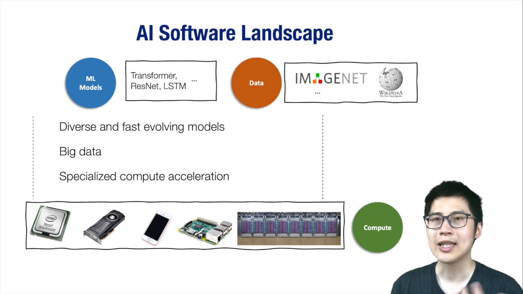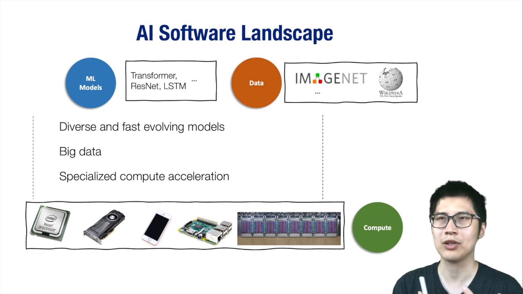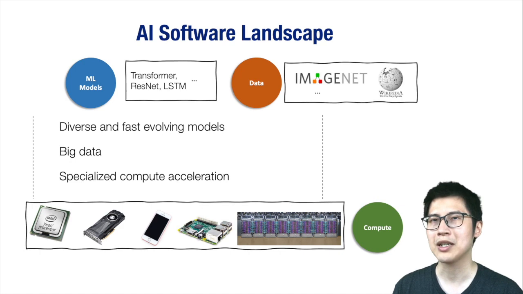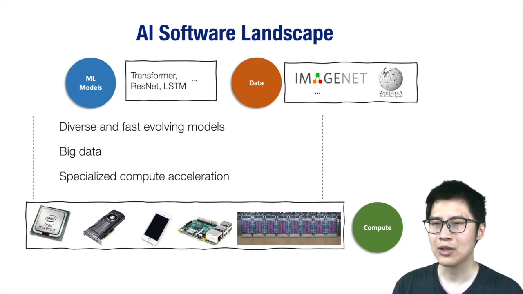First of all, in the age of AI, what we are trying to build and run are machine learning models, such as object detection models and natural language processing models in different forms. Usually those models need to ingest a large amount of data so that we are able to fuel them with AI learned from those data sets. One of the key requirements is that we want to be able to handle those models on a wide range of hardware devices and environments.